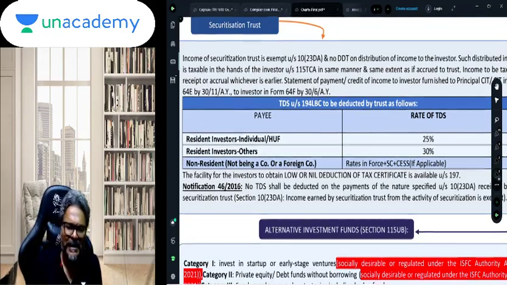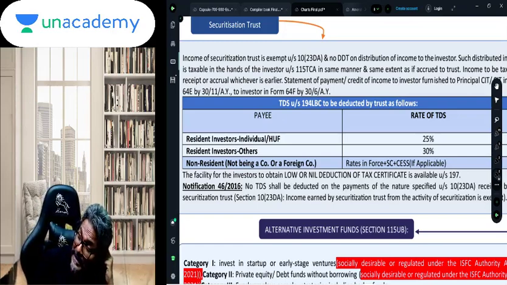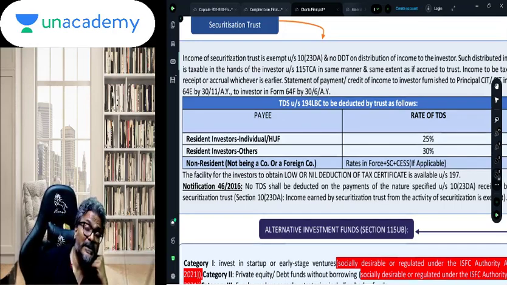So say for example, just giving you an example, supposedly 100 rupees is the income of the trust. Okay, now this 100 rupees is the income of the trust which is exempt in the hands of the trust. Now 50% of this income is interest, 20% is LTCG, and 30% is STCG. So 50 is interest income of the trust, 20 is LTCG, and 30 is STCG.